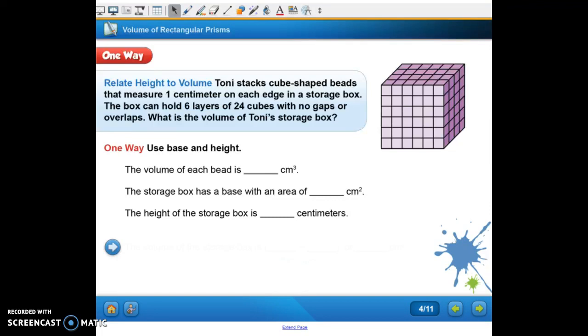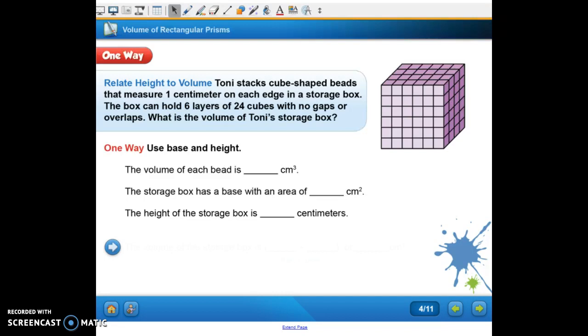So what might the dimension of the base of the box be? What would make 24? 4 by 6. Okay, so 4 centimeters and 6 centimeters. That's what you need to write on the first line of the little purple box up there.